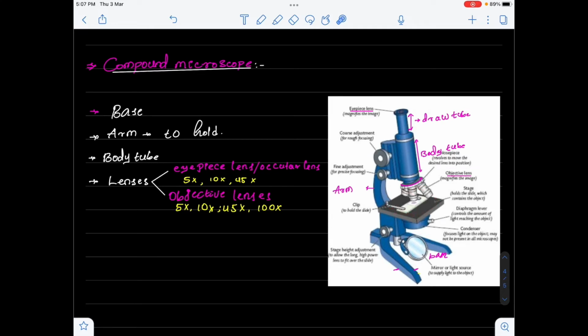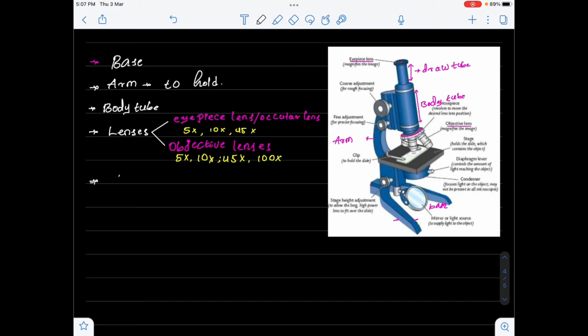And another important part of this compound microscope is the stage. Just below these objective lenses you can see a square shaped structure, the stage. Here on the stage clips are present, so we call them stage clips.